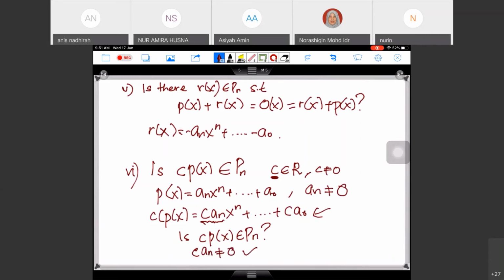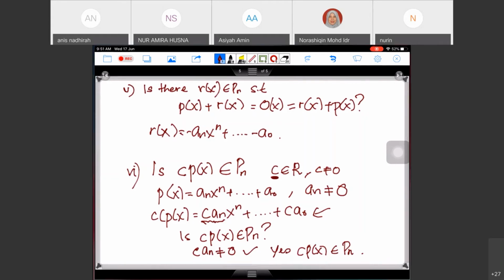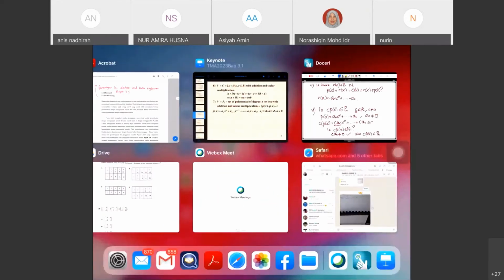So yes, cP(x) is a polynomial of degree n. Okay? Alright, so you do the rest. It's just similar, but the argument needs to be there. Need to be clear. Why is it? Right? Okay, let's continue. It's almost 9. It's just very quick.